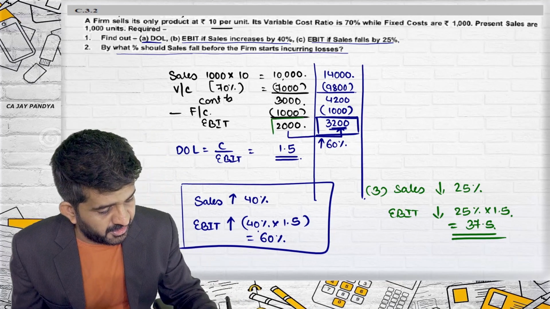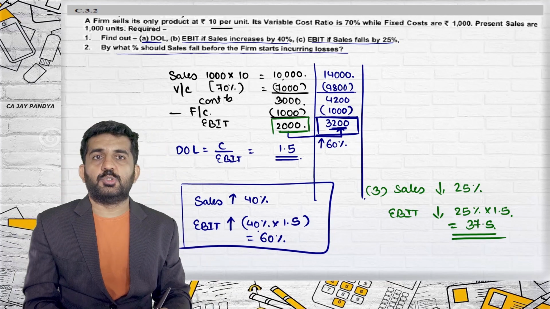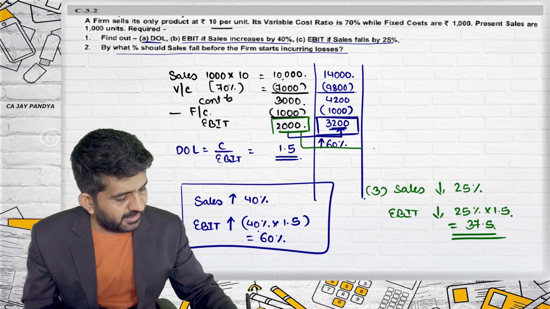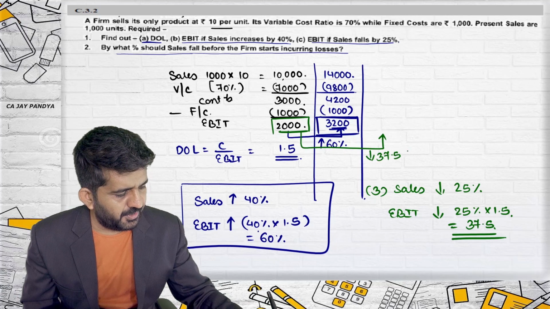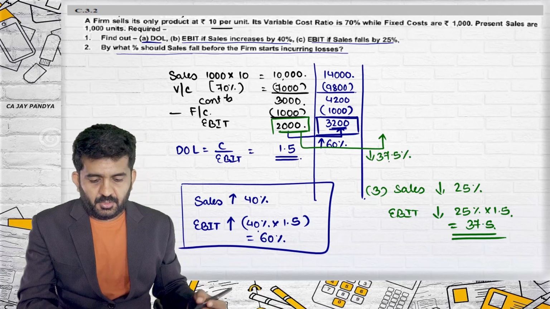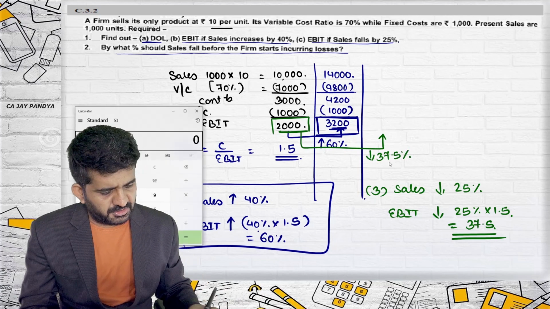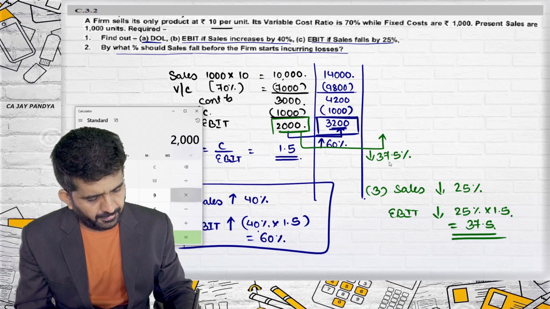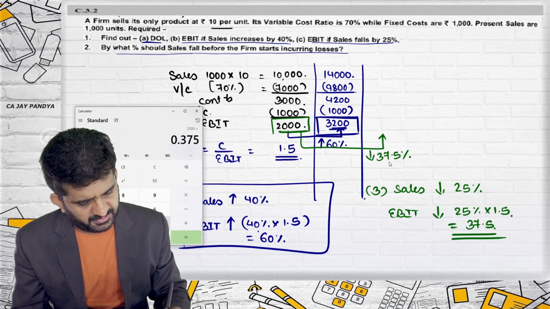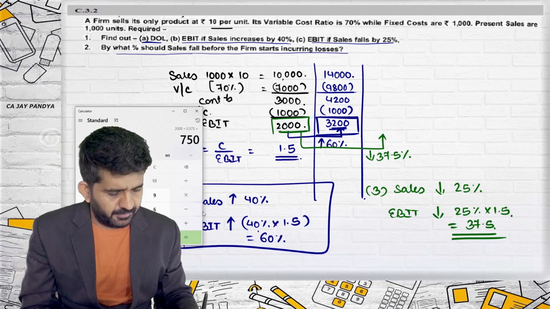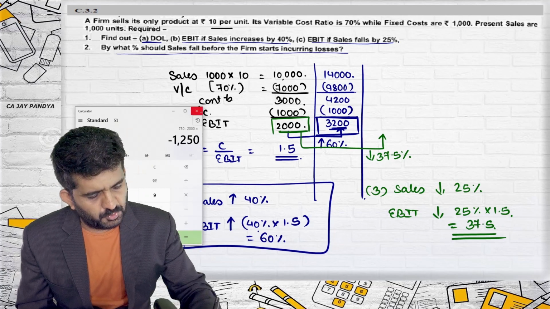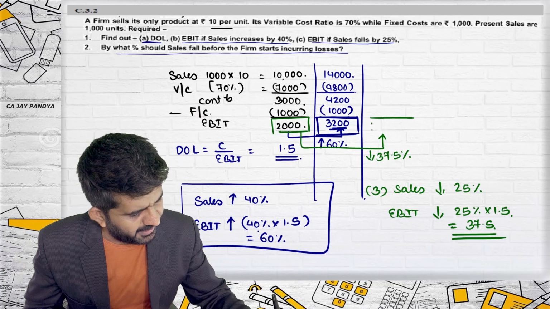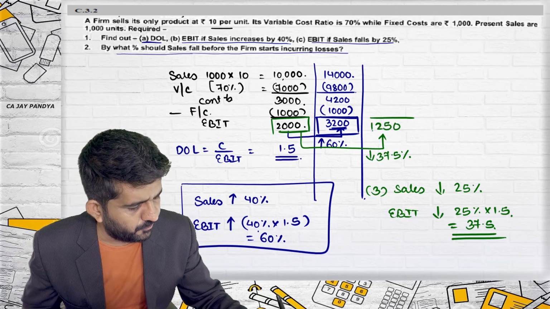What was original EBIT? 2000. It will decrease by 37.5%. What is 37.5% of 2000? 2000 into 0.375. It is 750. 2000 minus 750 is 1250. So my new EBIT is going to become 1250.